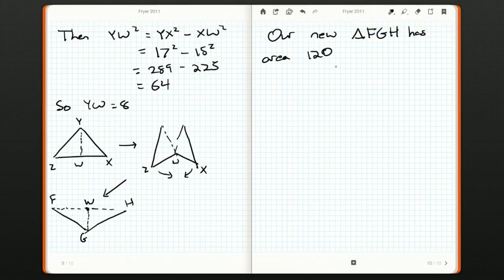So we have area of 120. FG is equal to GH, which is 17. Actually, a better way to write that, I guess, would be FG and GH are the same as XY and YZ, which is 17.